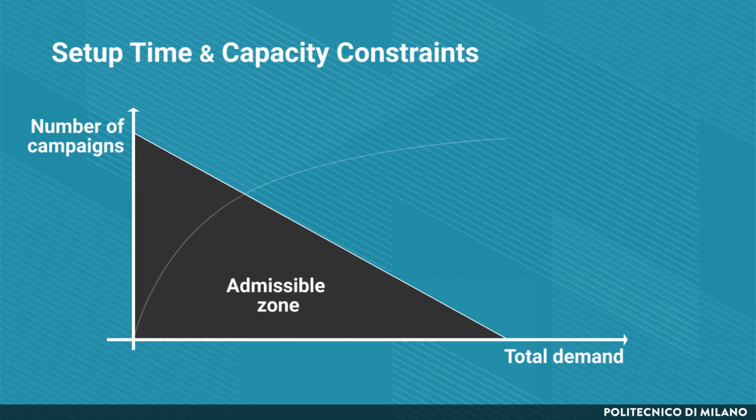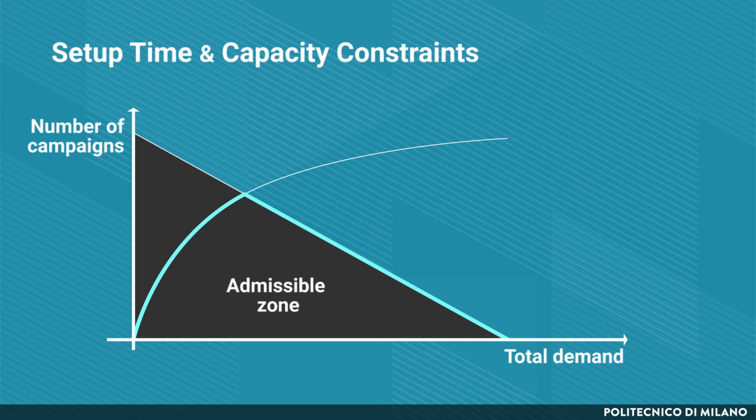Let's then draw the N0 curve, which, by considering the previously discussed formula, is growing with the square root of demand. If the value of N0 found by applying the formula is within the admissible zone, then production capacity is not an issue, and the company can proceed running exactly N0 campaigns per year.